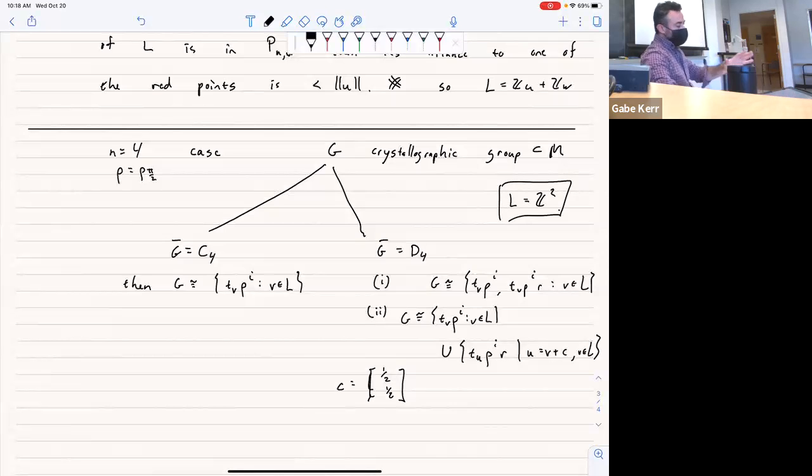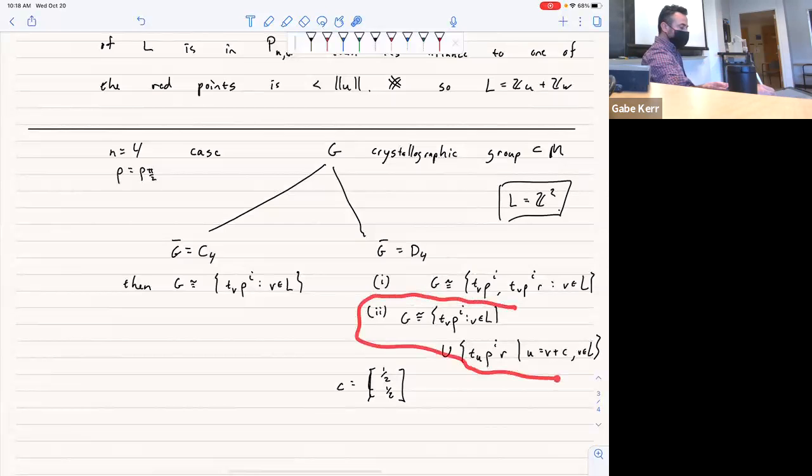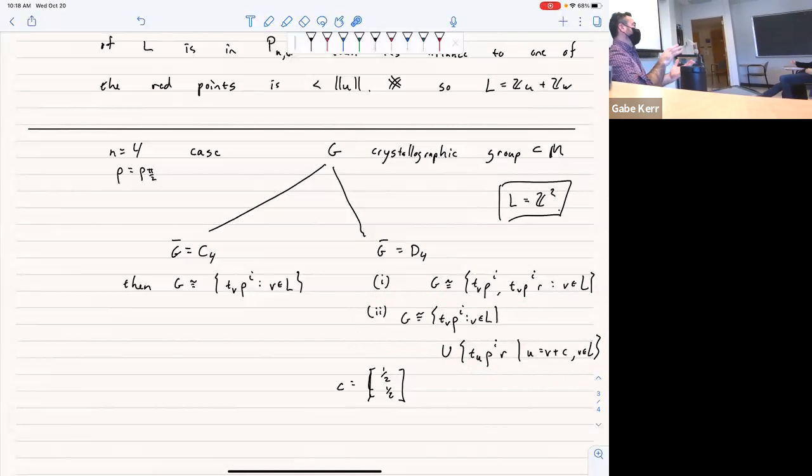So this c is saying that the reflections you have here are, I want to say, really the interesting thing that starts appearing when you look at these classifications. You get some crystallographic groups that really don't behave the way you would expect. They have the property that the reflections aren't there, they're glide reflections.